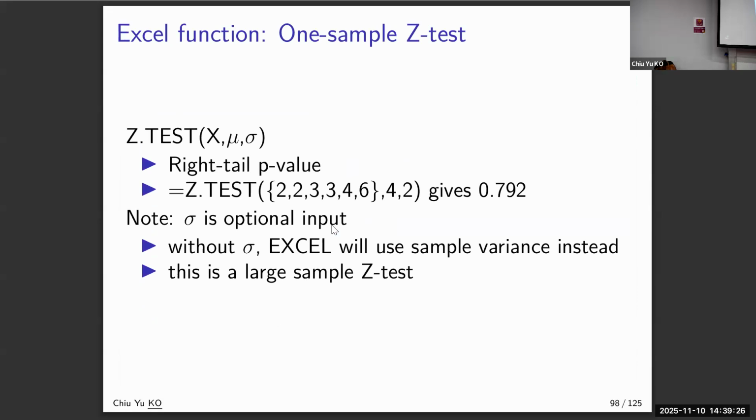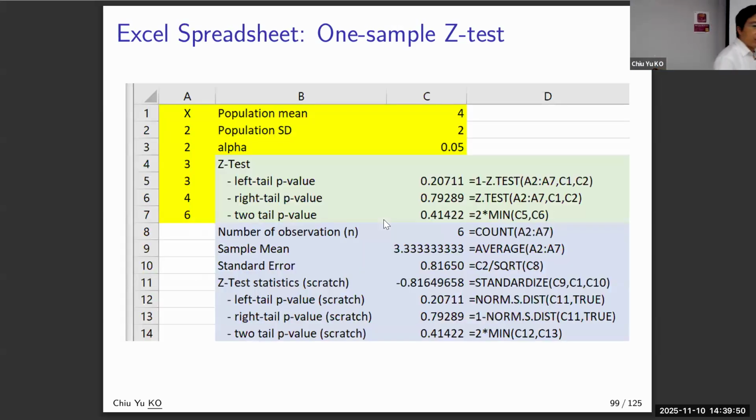So you have to be a little bit more careful about this one. You just enter the data and the mean and the variance, then you're done. So that would be the Z test. Basic data: you give the data, it gives you the mean, and gives you the variance. That is an example of how you can do the Z test.